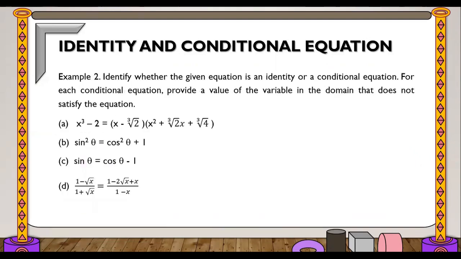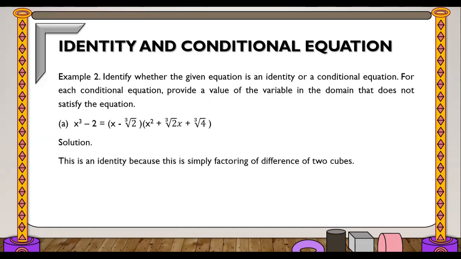Okay, dito natin example 2, meron tayong mga given equations. Ang gagawin natin, we are going to identify if it is an identity or conditional equation. Okay, so meron tayong 4. Sasagutin natin yan. For letter A, this is an identity. Pag titignan mo kasi, ang given natin ay x cubed minus 2 sa left side of the equation.